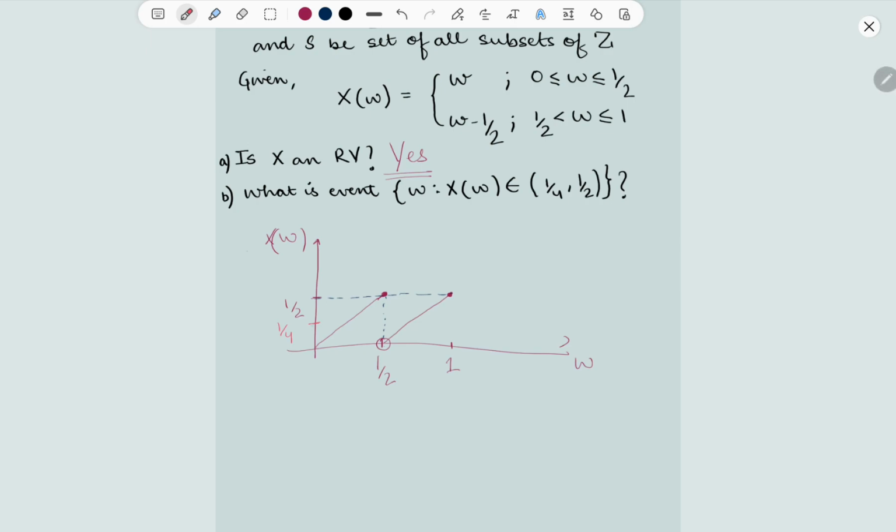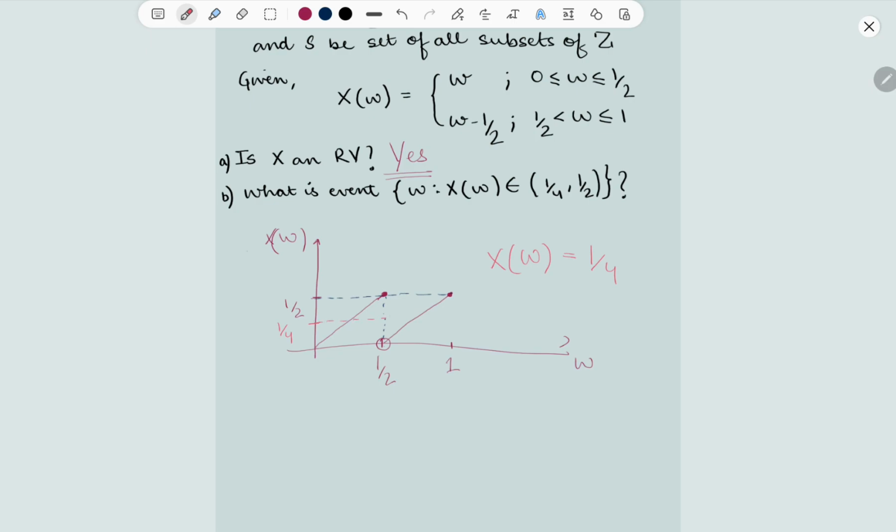So let us draw x(omega) equal to 1/4, as we actually have to draw for x(omega) equal to 1/4 and x(omega) equal to 1/2, but 1/2 is already drawn on the blue line, so we need to make more effort for this.